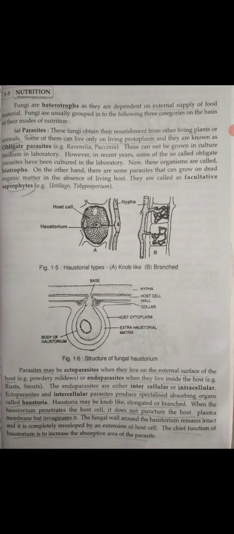Coming to the parasites, these fungi obtain their nourishment from other living plants or animals. Some of the fungi live only on the living protoplasm, not on the dead one. That's why they are called obligate parasites.